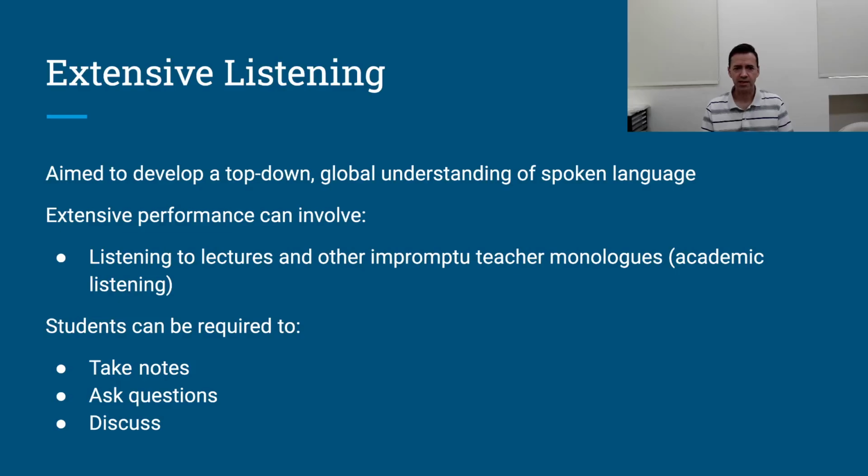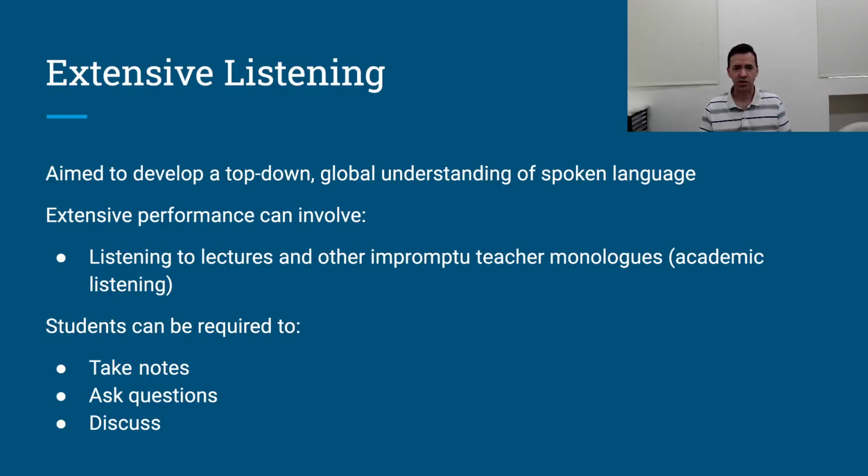Okay, the next type is extensive listening. So this one is a little bit more for students who have maybe a better proficiency in English. This is your top-down global understanding of the spoken language. So extensive performance can involve, for example, listening to a lecture or other impromptu teacher monologues, so like academic listening.